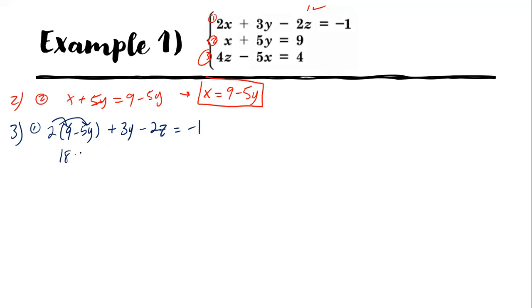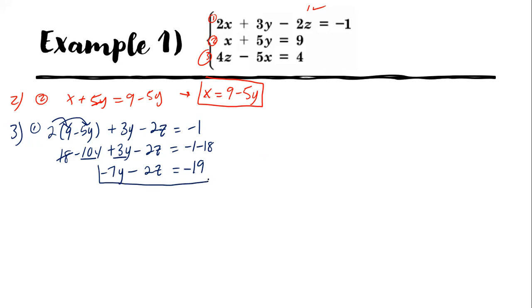So we have 18 minus 10y plus 3y minus 2z equals -1. 18 has to go to the other side, so we subtract it. -10y and 3y make -7y minus 2z equals -19. We got our first two-variable equation.